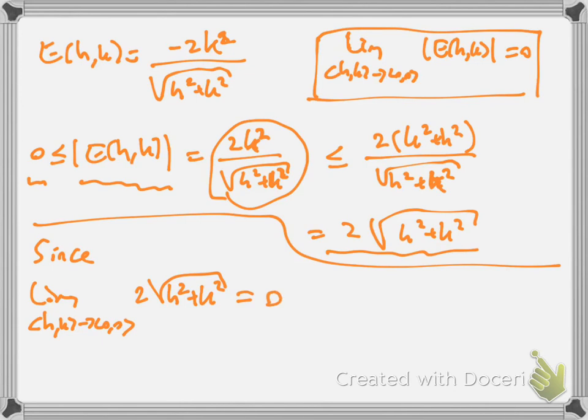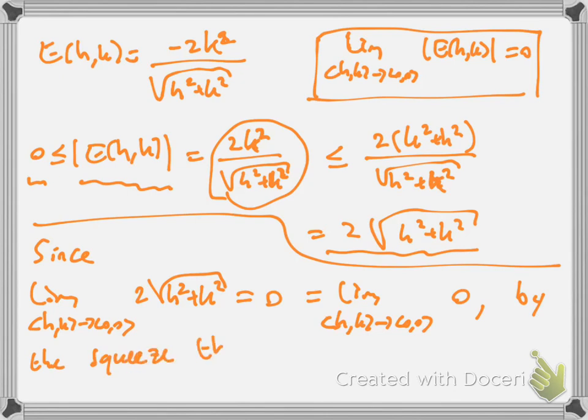This follows by what we did in chapter 2, specifically the remark at the end of chapter 2. And it's also equal to the limit of the thing on the left hand side. We can now say by the squeeze theorem the limit of the middle will also go to 0.